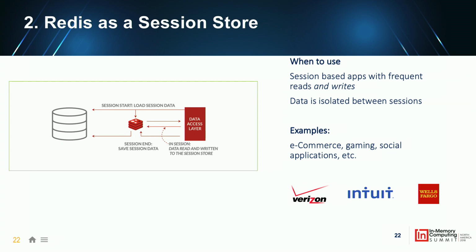It's a key value lookup. It's user ID, lookup, yes or no. And of course, you can put some other values in that string as well. But there's no reason to run a query. It's a very inefficient use of a SQL database to be looking up session login information with a query language.